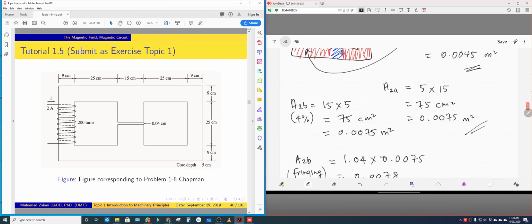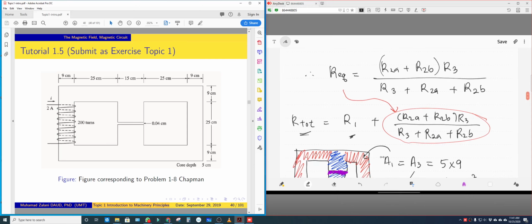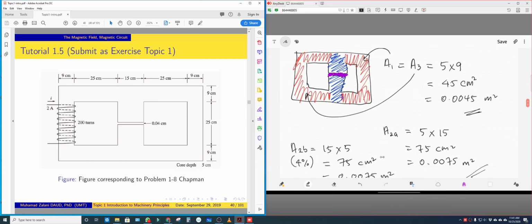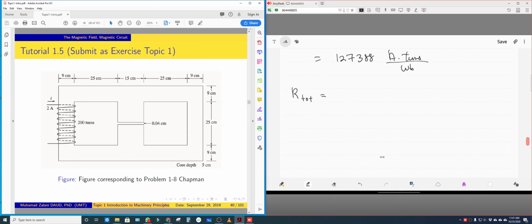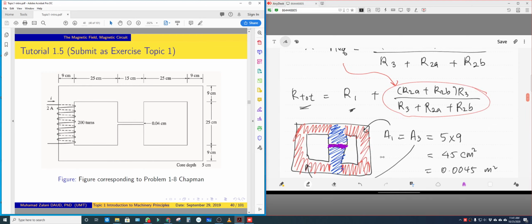Let me write the equation again: R1 plus R2A plus R2B, R3 divided by R3 plus R2A plus R2B. Then R total is R1 plus this REQ.